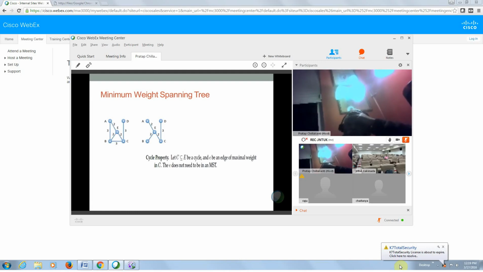Now, you don't need to memorize this one, but try to understand it, right? There is this property called a cycle property. When you have some node C, which belongs to E, be a cycle, right? And then you have that E as an edge of maximal weight in C. Okay, so that means when you see a cycle and one of the edges in that cycle has a maximum weight, then it does not need to be in a minimum spanning tree, right?